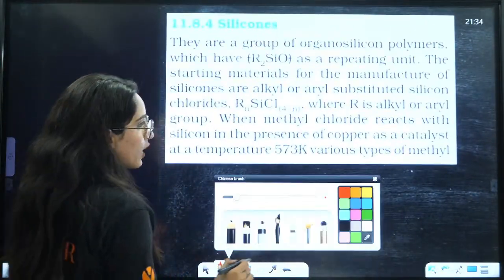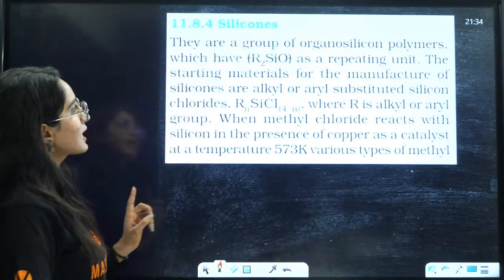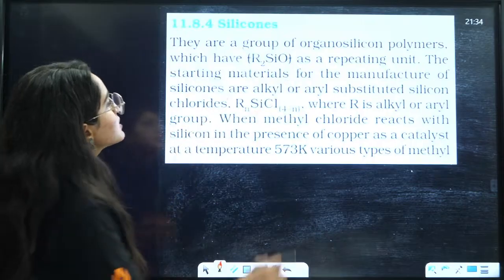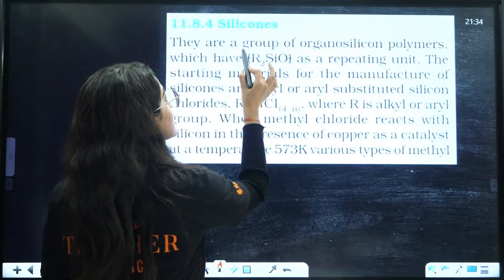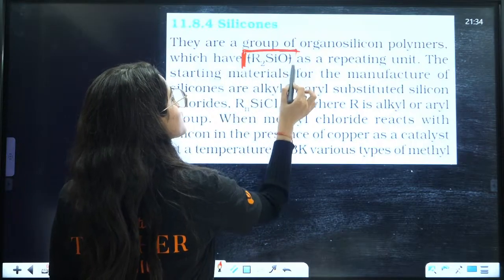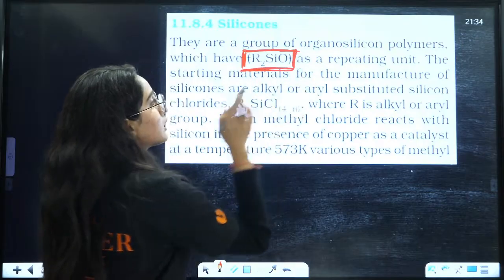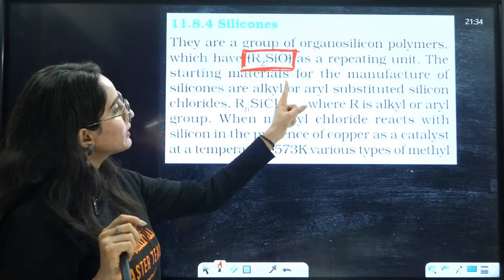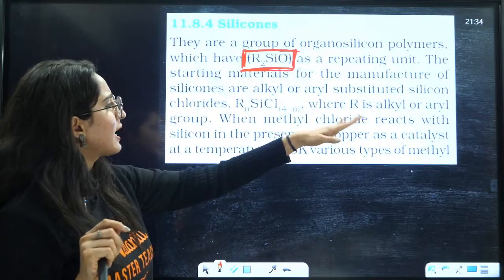Next is silicones. Now, for silicones you have to remember the units. They are a group of organosilicon polymers with this repeating unit. This question can be asked: what is the repeating unit in silicones? The starting material for their manufacture is an alkyl-substituted chloride; when methyl chloride reacts with silicon, it forms this.